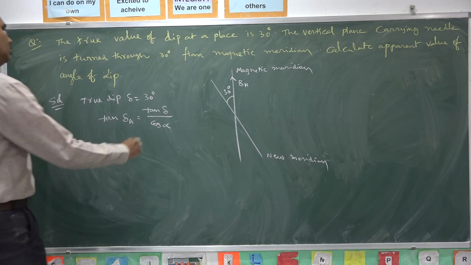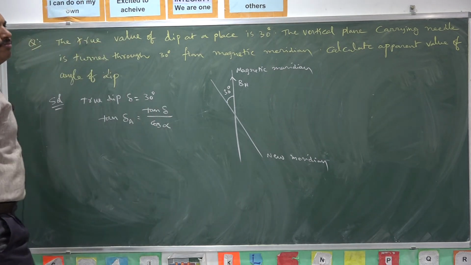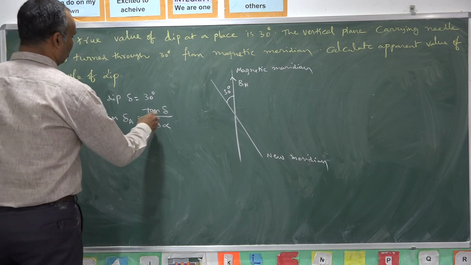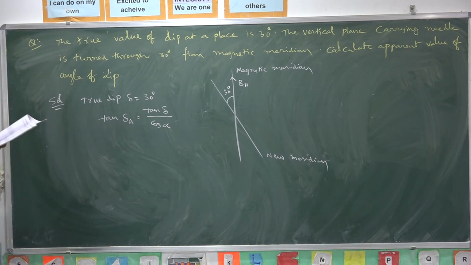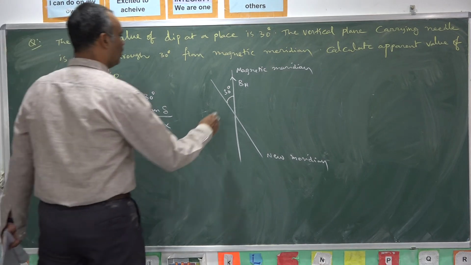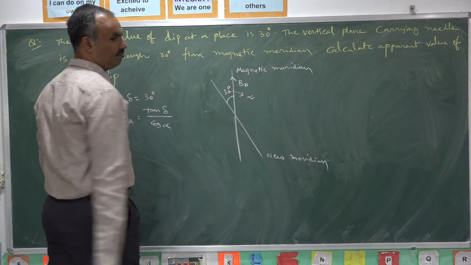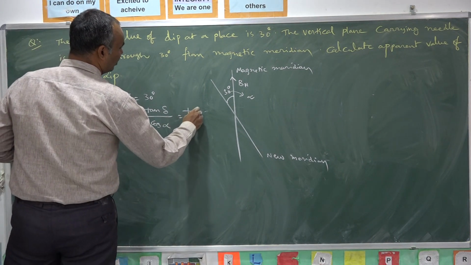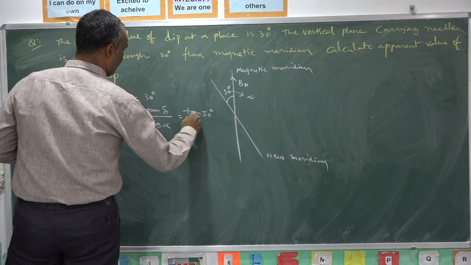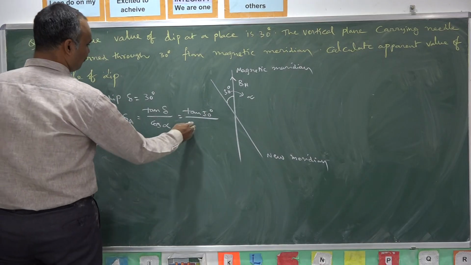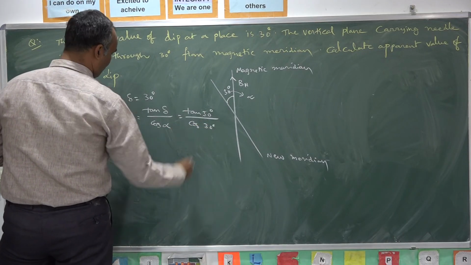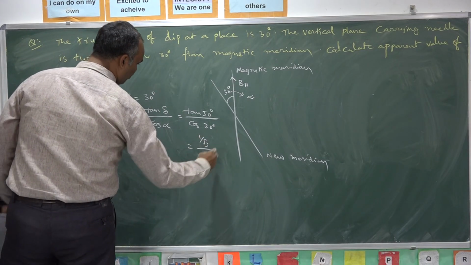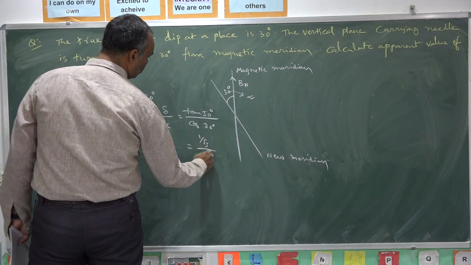This formula we derived from the discussion of the dip circle. Once you go through that concept, then you will come to learn this formula. Here this is the value of alpha. Now tan 30 by cos 30. That is 1 by root 3 by root 3 by 2.